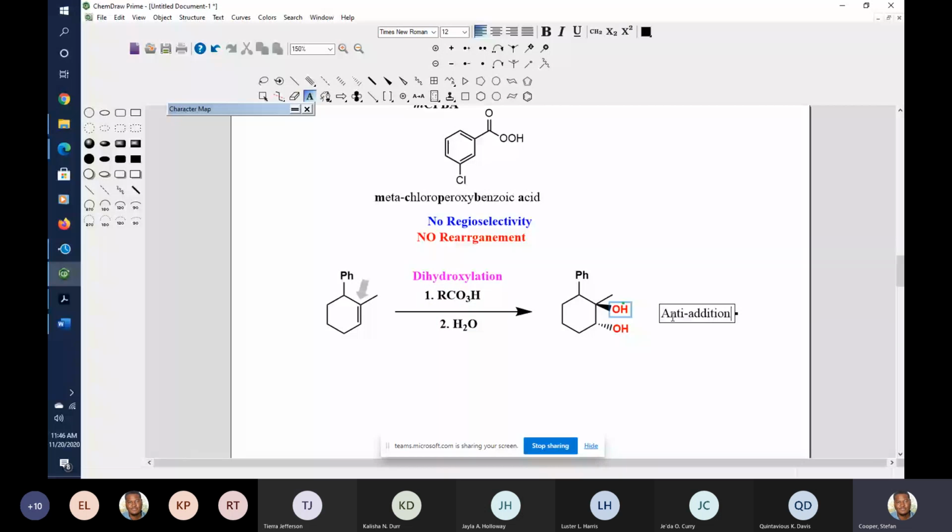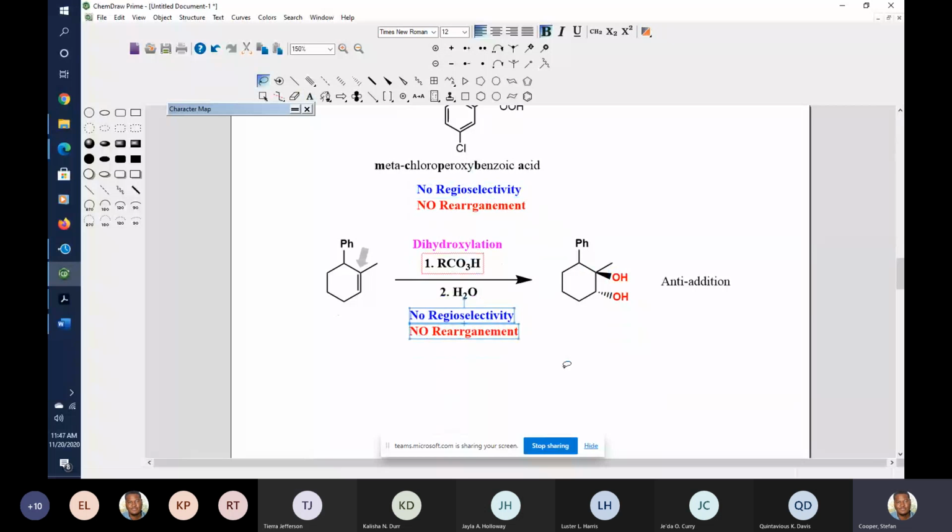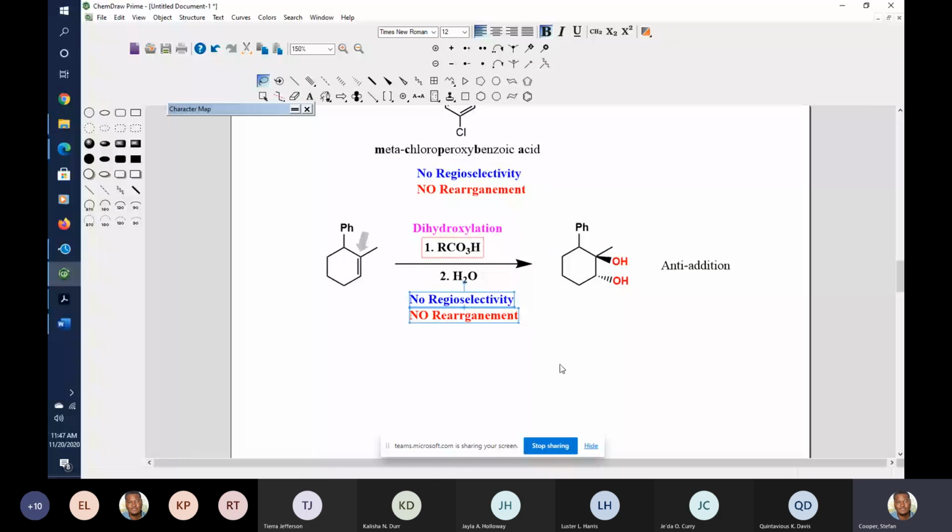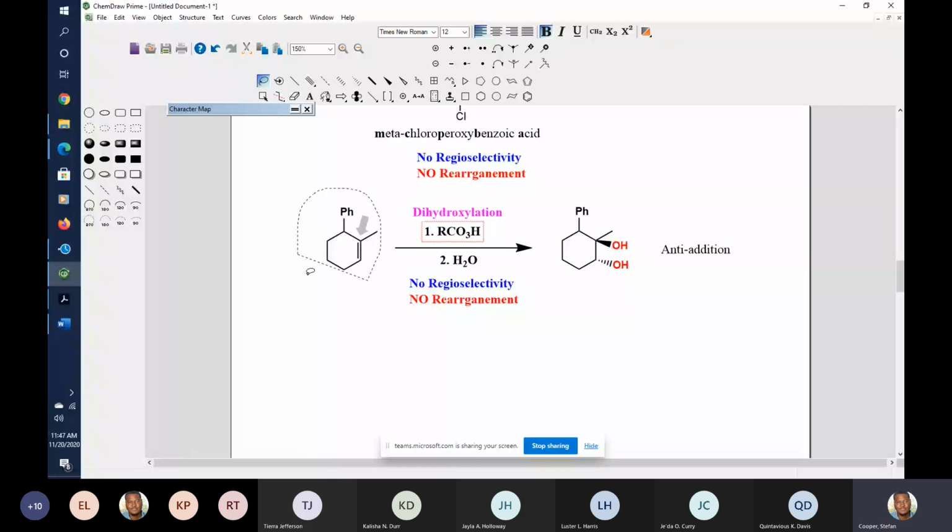Now I get an anti-addition. All right. And conveniently, because both carbons are still getting the same type of group, OH, there's no regioselectivity to concern ourselves with, and there are no rearrangements to concern ourselves with. Okay. So hopefully we're getting okay with that.